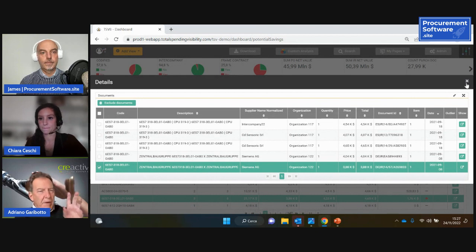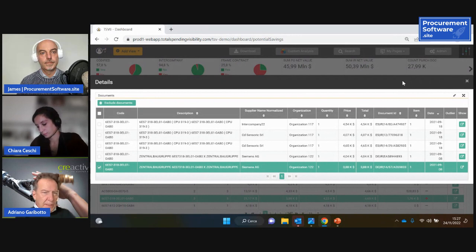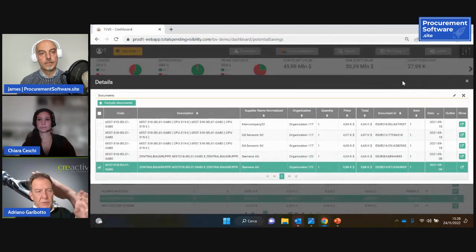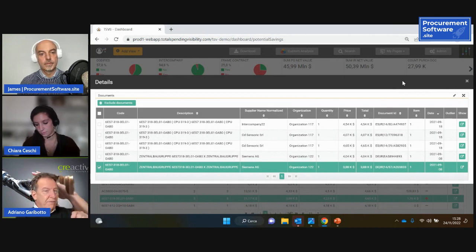So here we have a practical example of how a category manager can focus his attention very quickly where it matters. So where there is more potential for savings, where there are more variations of unit prices, where there is a larger distribution of the sourcing between different suppliers, where your Pareto analysis of the suppliers is not so good because the last 5% of your spending may be scattered among 100 little suppliers.